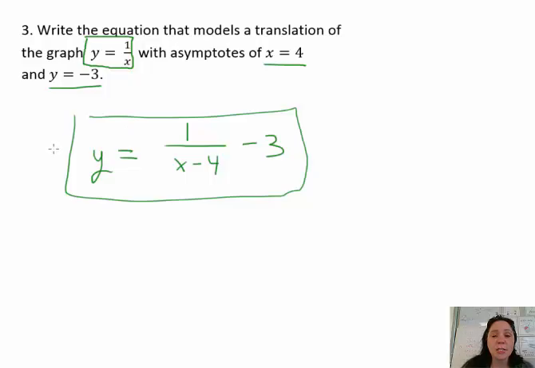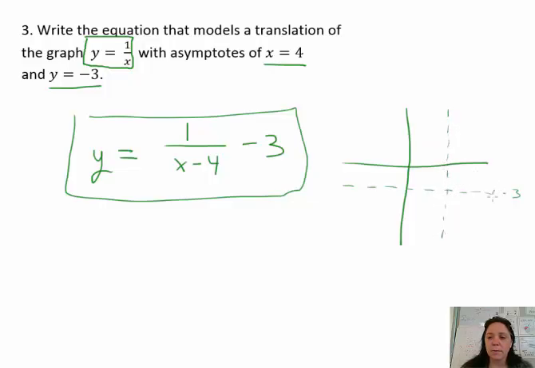I have just shifted. Here's my x and y axis, and I'm going to have a horizontal asymptote at y equals -3, and I'm going to have a vertical asymptote at x equals 4.